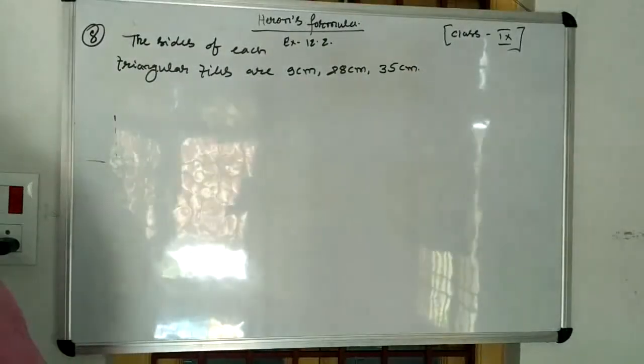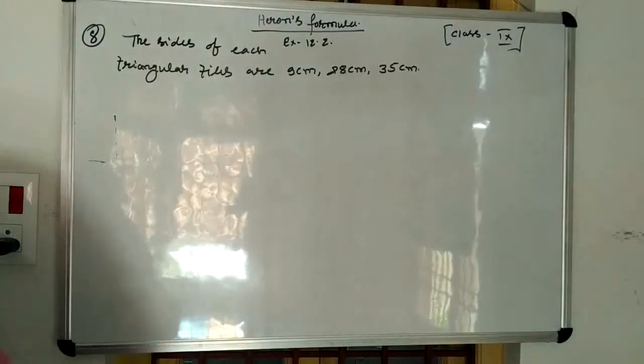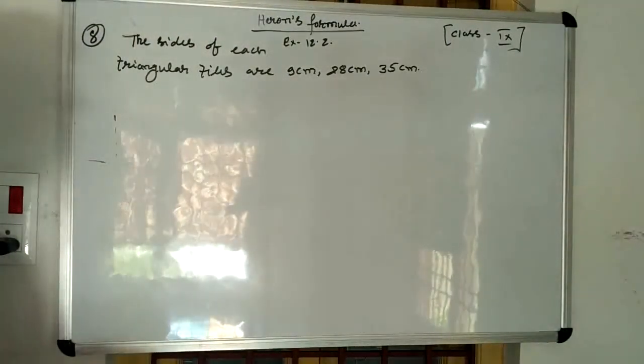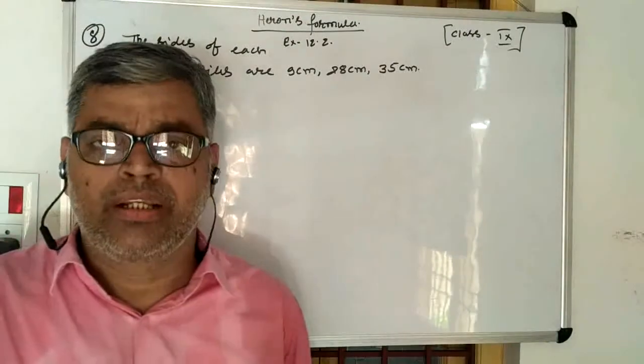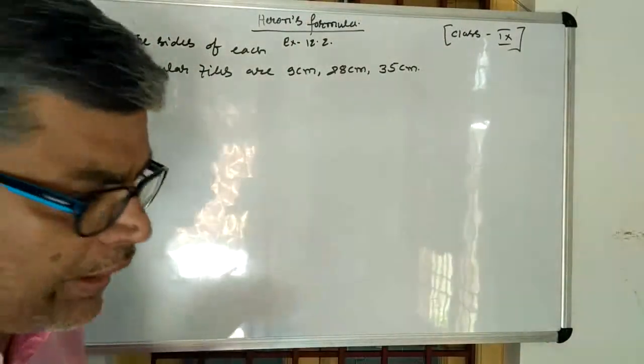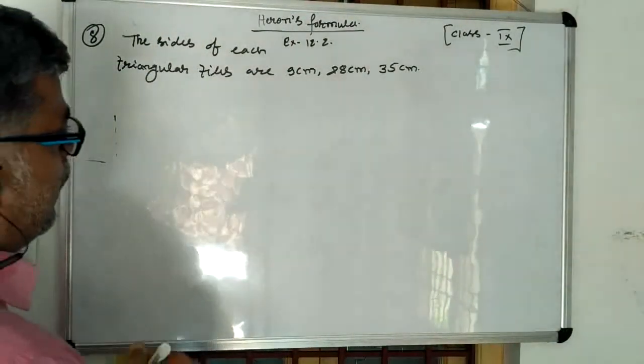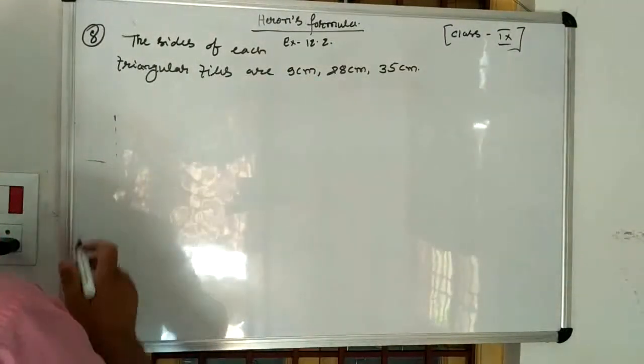Now we have to find the area of each tile, and each tile is in the shape of a triangle. It means that we have to find the area of the triangular shaped tiles.